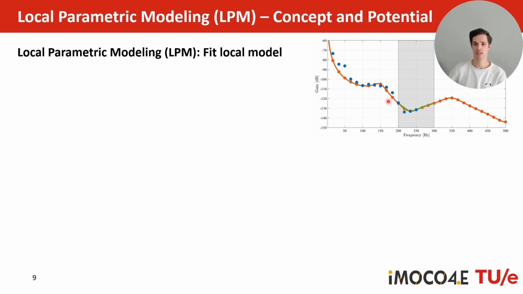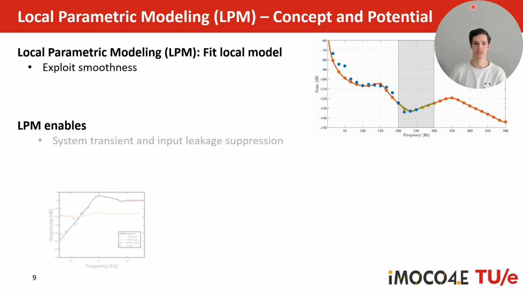You can see that the frequency response function in red is being fitted with this green line locally in the gray window. What we do here is we actually exploit the smoothness of frequency response functions, which is a very powerful concept and done a lot in literature. The potentials of LPM are endless, I would say.